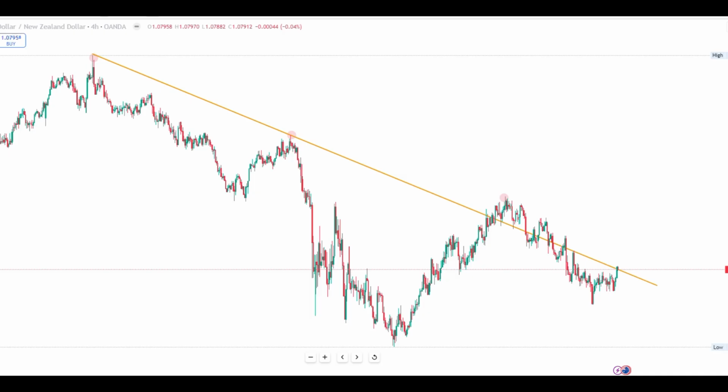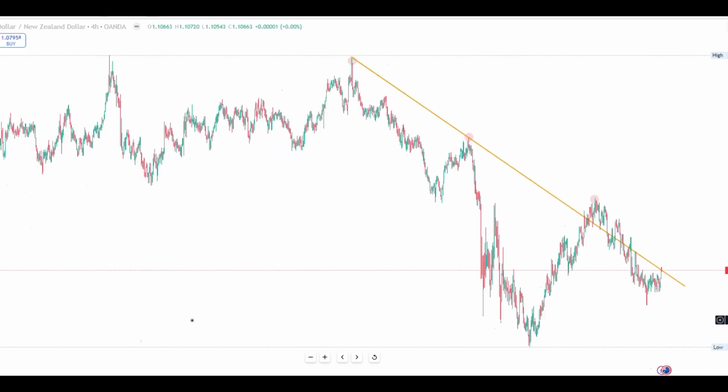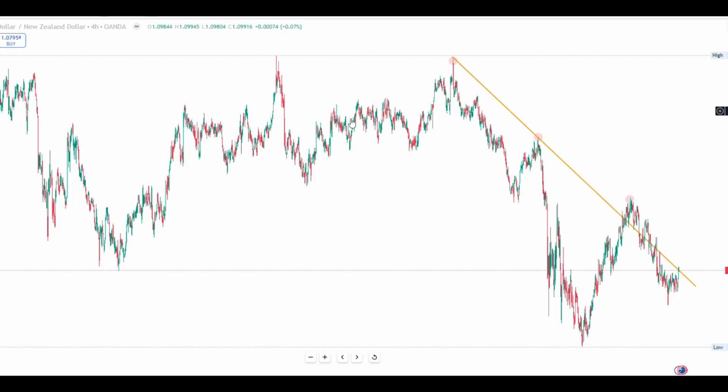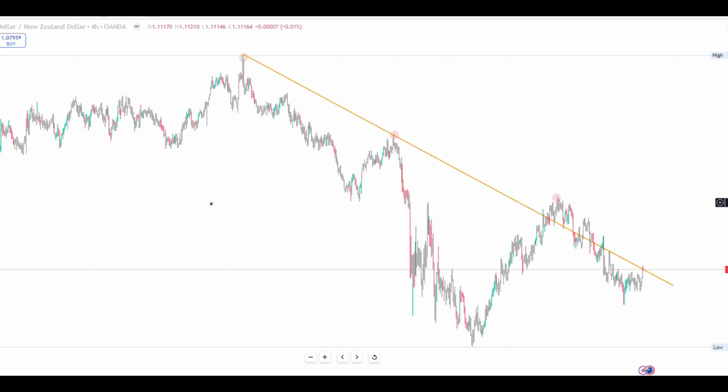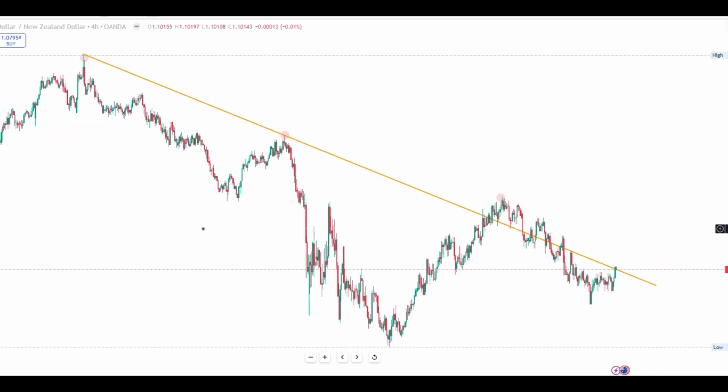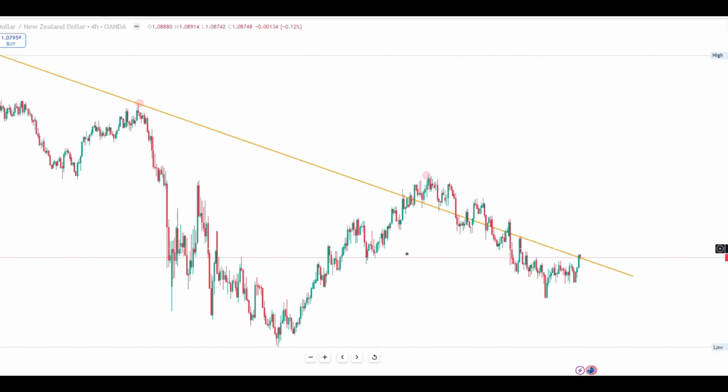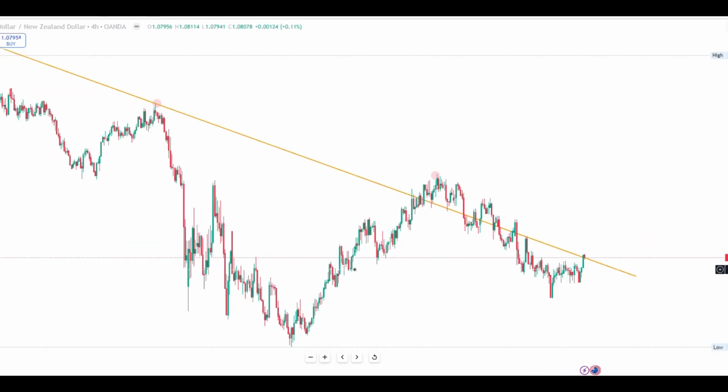When in doubt, we always zoom out. Now, apart from zooming out, when you're actually looking for entries, you now know that you have to zoom in. So we zoom out to see structure, but then we zoom in for clean entries, okay?